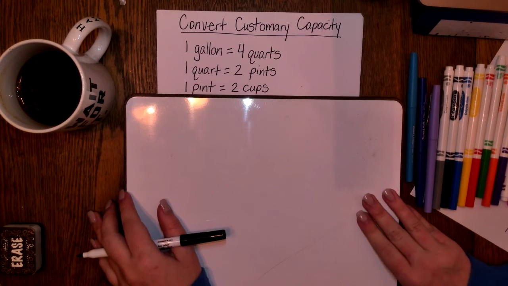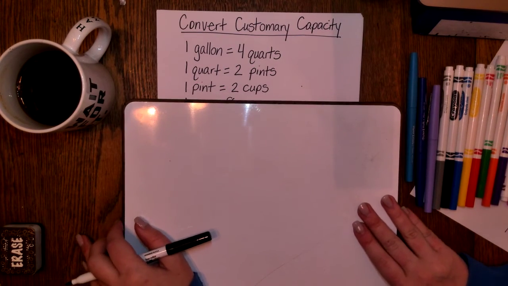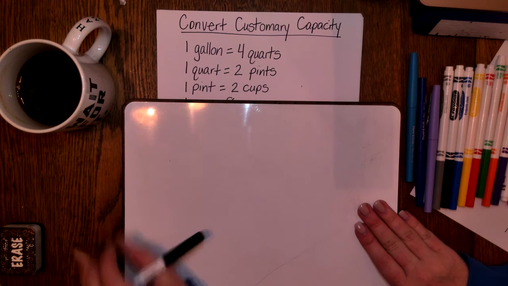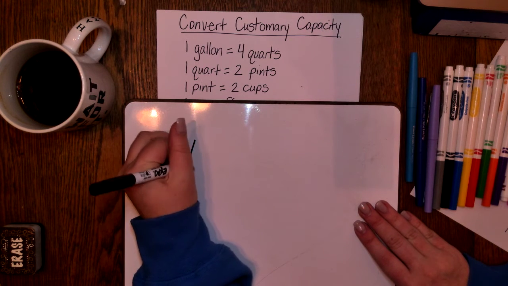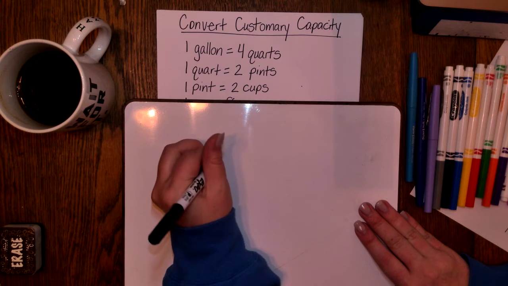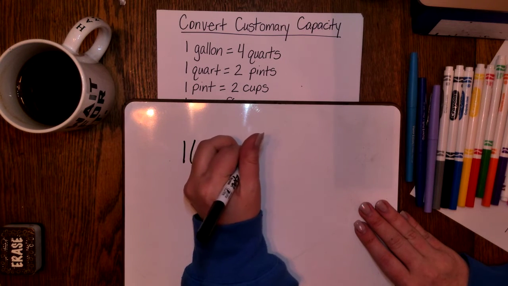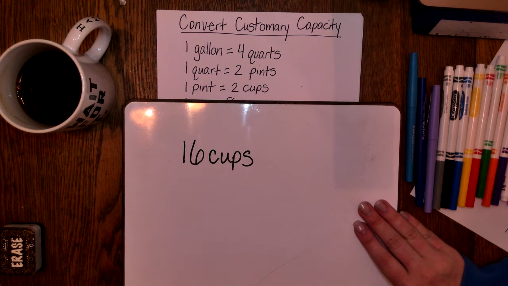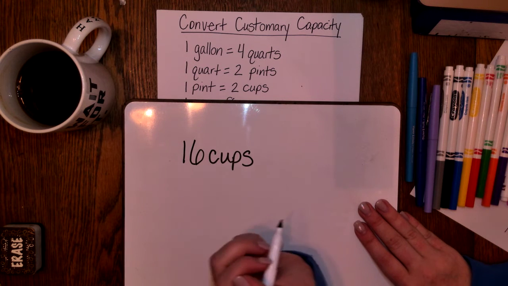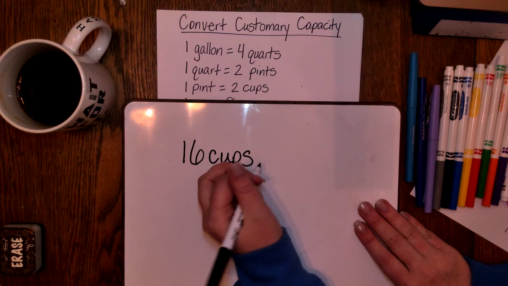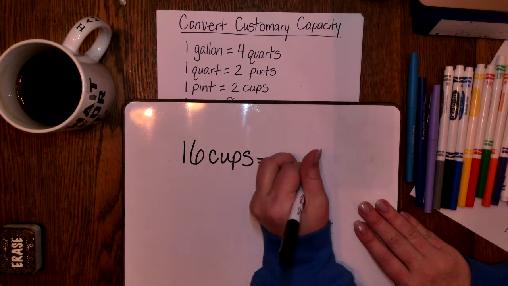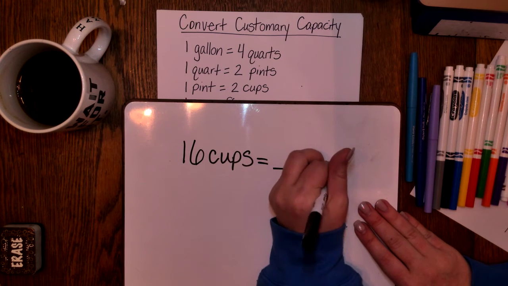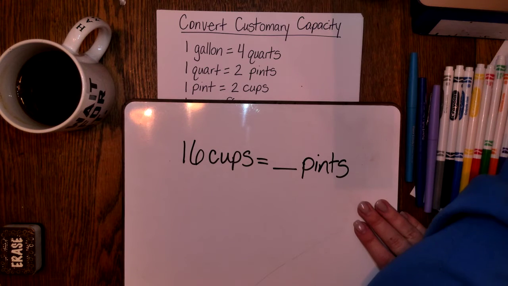Now, what if I want to go backwards? What if I have 16 cups, and I want to know how many pints that is? What am I going to do?